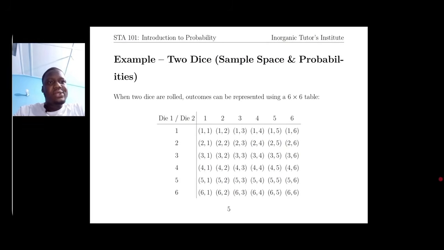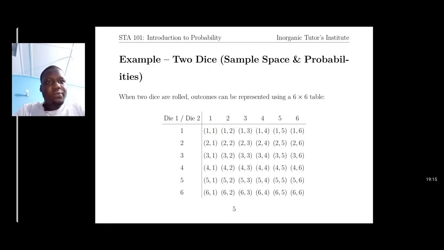You can represent that using a 6x6 table. Okay, so we are presenting an example here about the sample space. We have two dice which are being rolled.